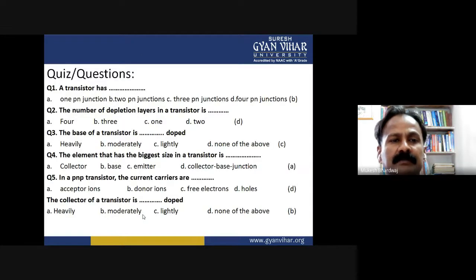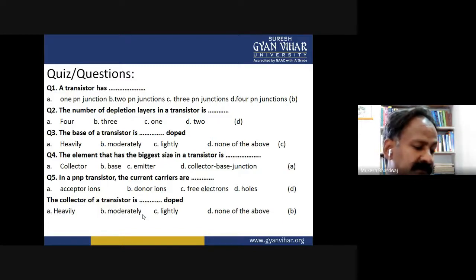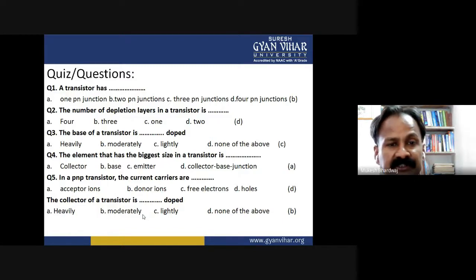Now it's quiz time. A transistor has: 1 p-n junction, 2 p-n junctions, 3 p-n junctions, 4 p-n junctions. Yes, obviously it has 2 p-n junctions. We had seen in the last slides that it's a bipolar junction transistor, so it has 2 p-n junctions.